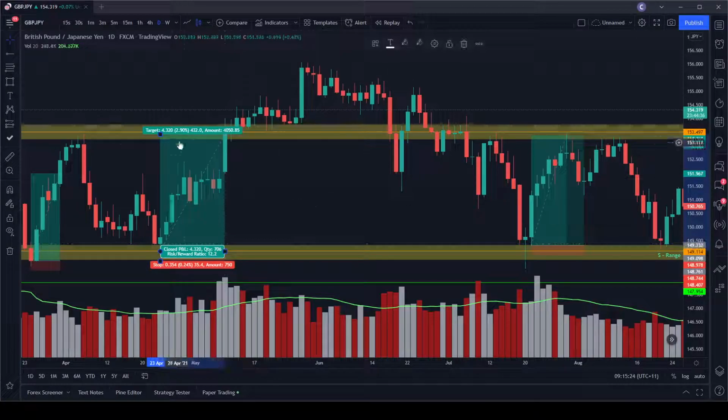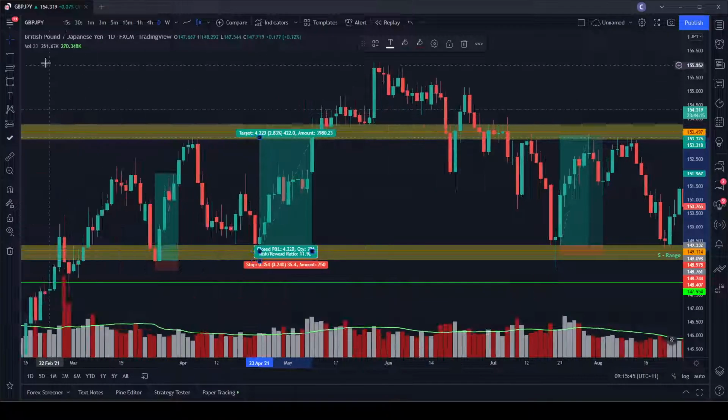Right, that's your level. So if it's one lot, that amount, $350 risk, so it's $4,220. We'll check the math on that because all the math is different, because all the prices are different per currency pair.